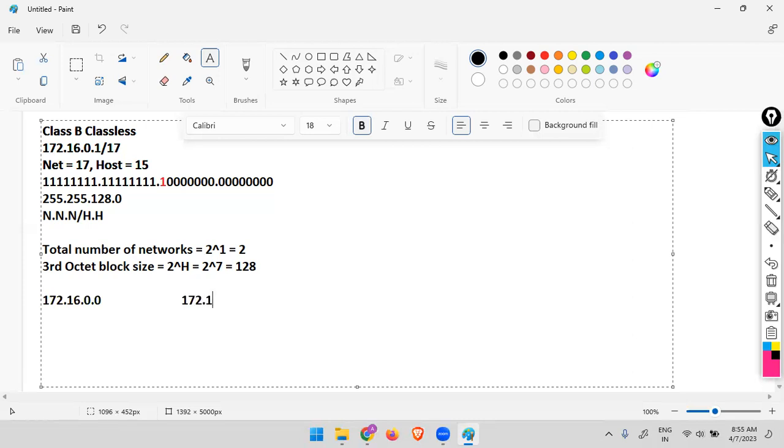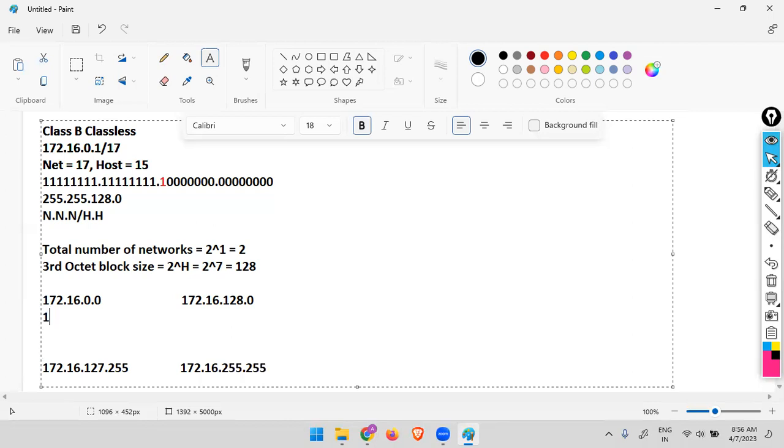So this will be 172.16.128.0. If my second network is starting at 128.0, my first network will end at 127.255. The next IP will be 128.0. And since this is my last network, it will go till the maximum.